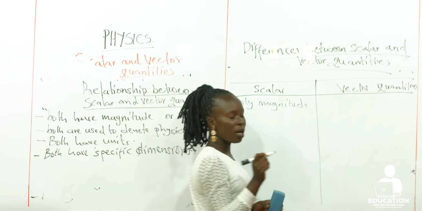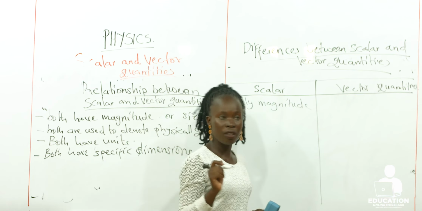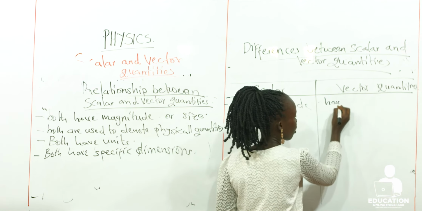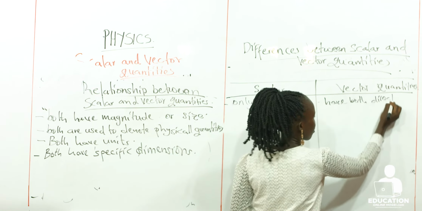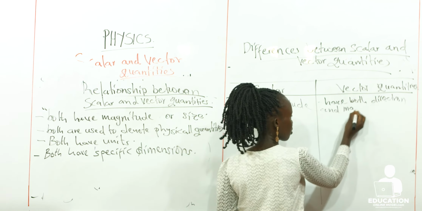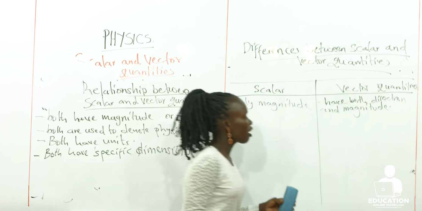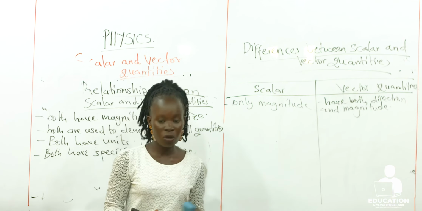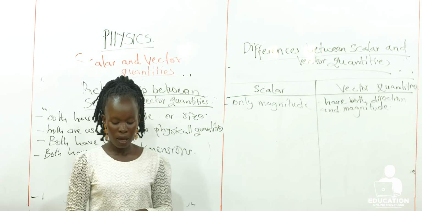But the vector quantities have got both the size and also the direction they take. So we can say that they have both direction and magnitude. That means that the size of that quantity has got its direction it takes. It can either move upwards or downwards.